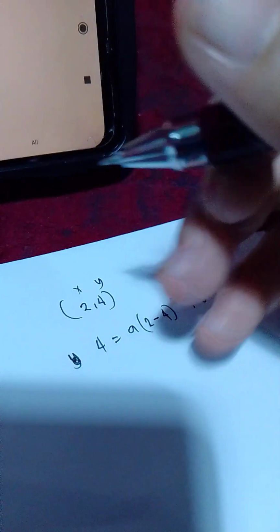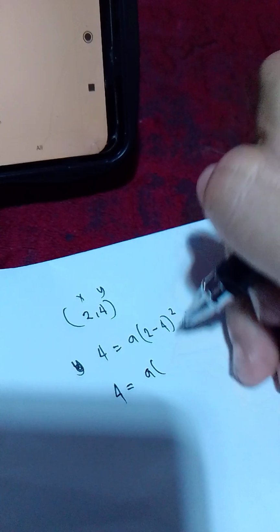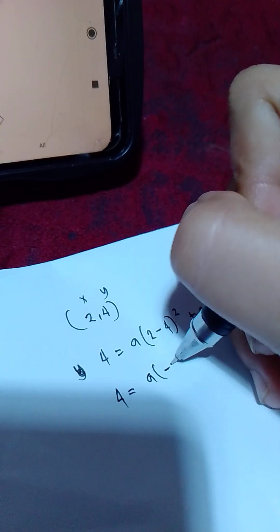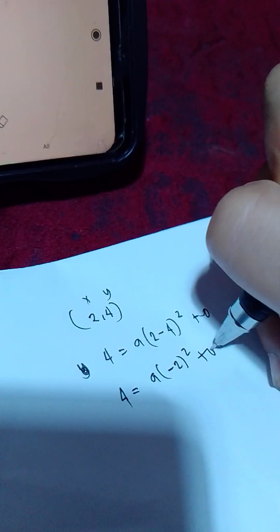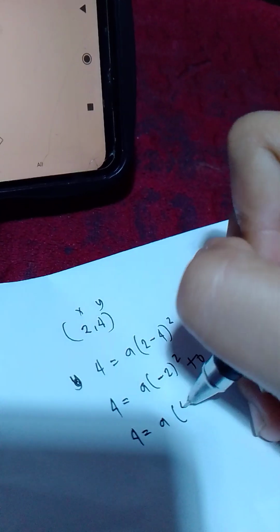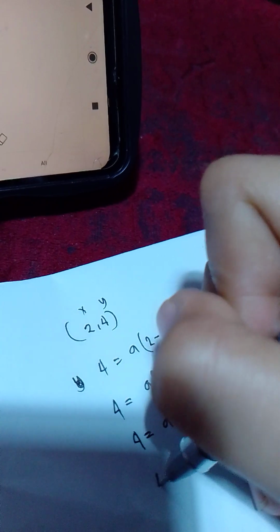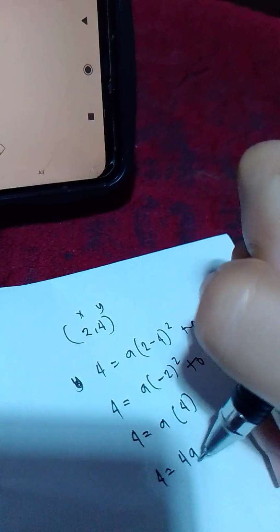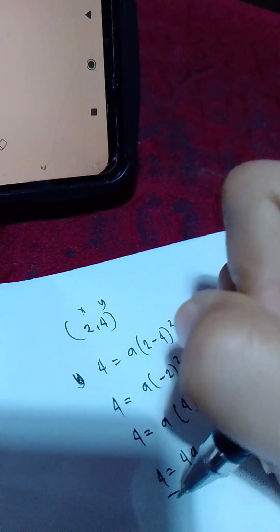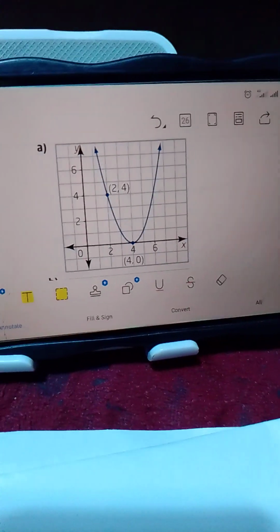After that, we factor this. We have 4 equals a times (-2) squared plus 0, so 4 equals 4a. Divide by 4, and a equals 1. So our a here is 1.